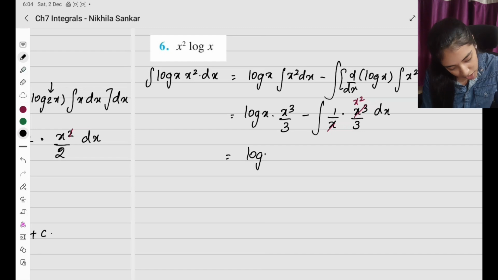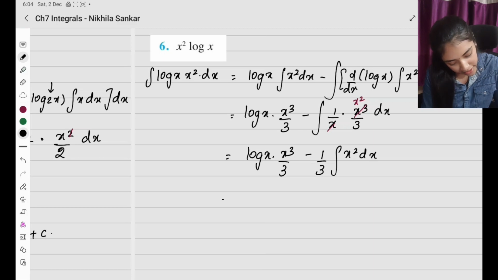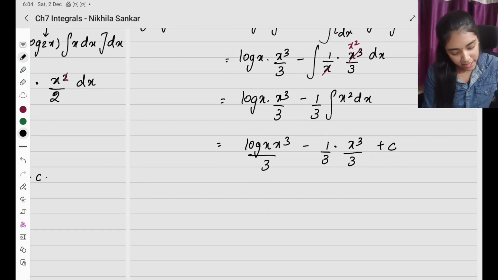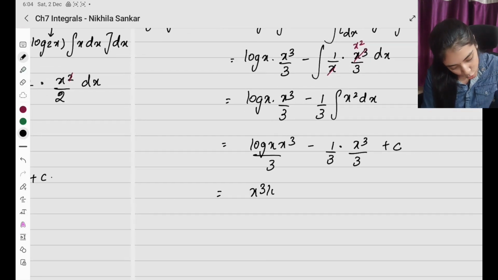So this is log x times x cube by 3 minus 1 by 3 is a constant, integral x square dx. So this is log x cube divided by 3 minus 1 by 3 times x square or the integral x cube by 3 plus integration constant. So this is x cube log x by 3 minus x cube by 9 plus c.